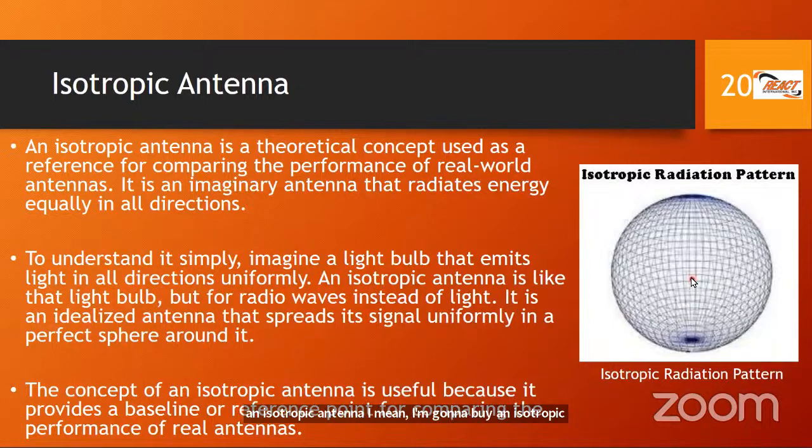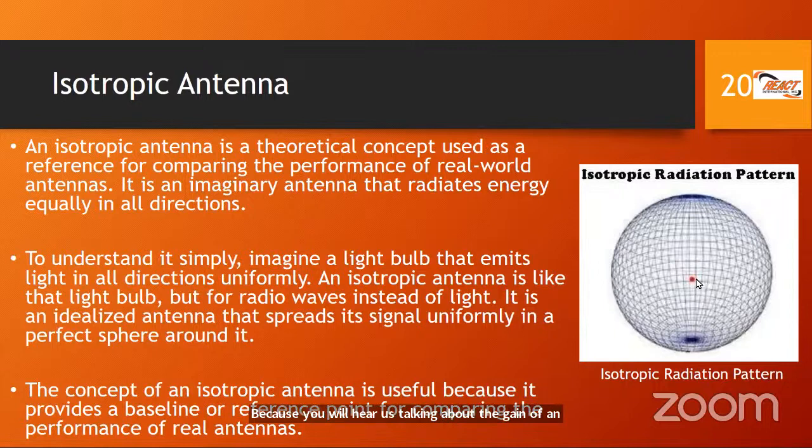What we are doing is using this isotropic antenna concept as the reference antenna. So in a way, we could say that the isotropic antenna doesn't exist, but we use it as the baseline to describe all other antennas. But we need to know about it, because you'll hear us talking about the gain of an antenna with respect to an isotropic.